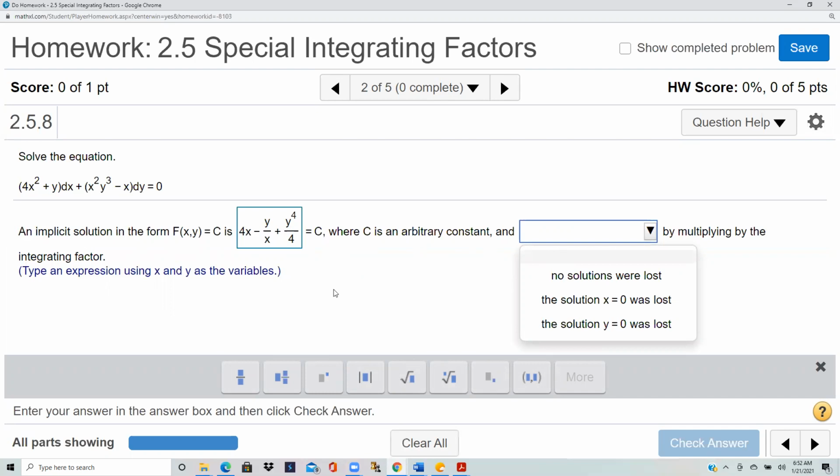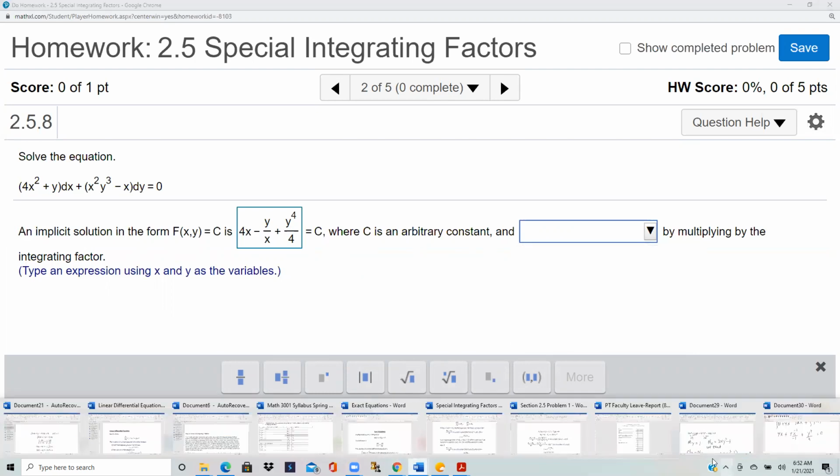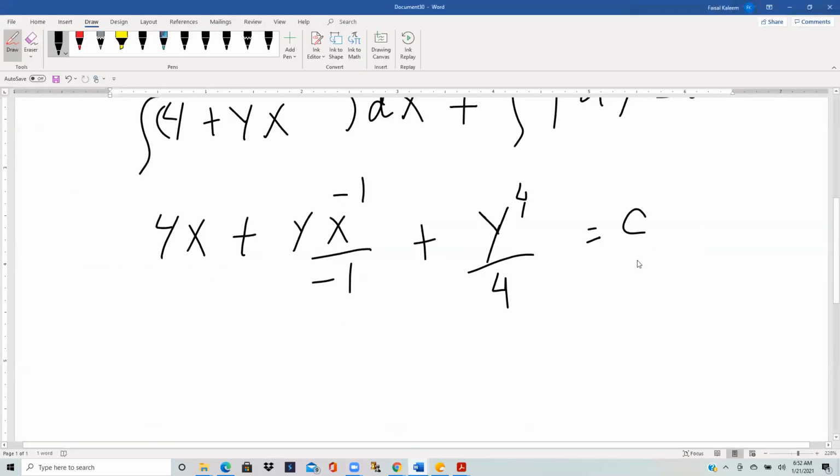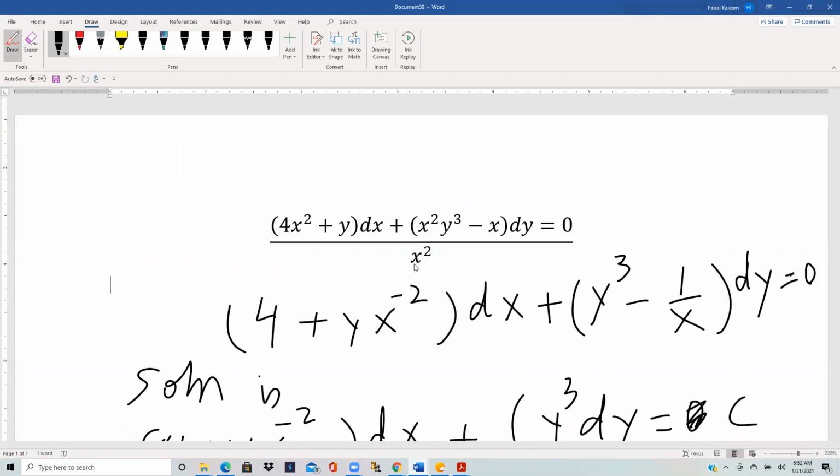So let's see. We multiplied by 1 over x squared, and if you look at the original equation, this numerator was the original equation.